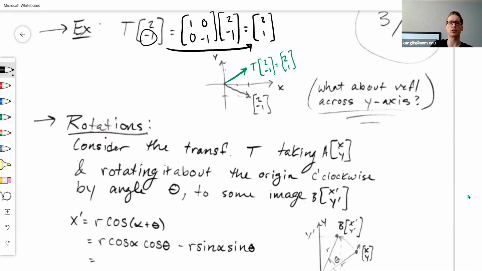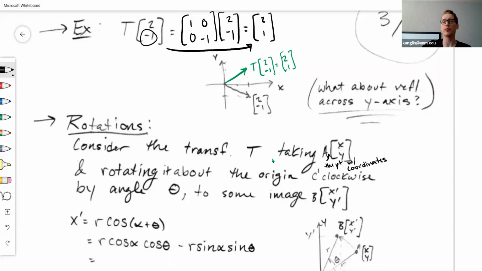This looks a little too much like matrix multiplication. So I'm saying A is the point with coordinates x, y. I'm not saying we're doing matrix multiplication, A times x, y. A is a point with coordinates x, y.